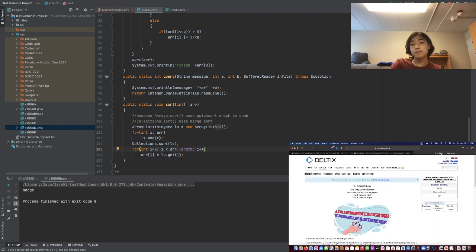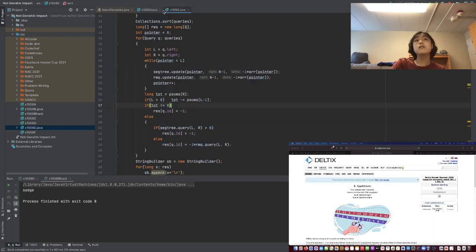Oh, problem E. Right. So how problem E works is that we basically just need to do a few transformations, and I'll explain what these transformations are in a second.